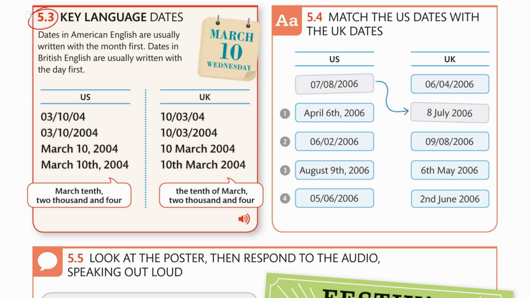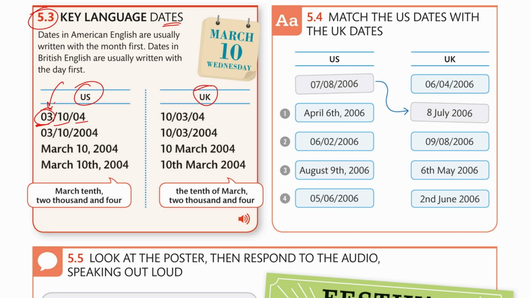We move to 5.3. This time we're going to learn about dates, right? There are two ways you can describe dates. You can use US English style or UK English style. So if it is 03, 10, 04, in the US they say the month first.